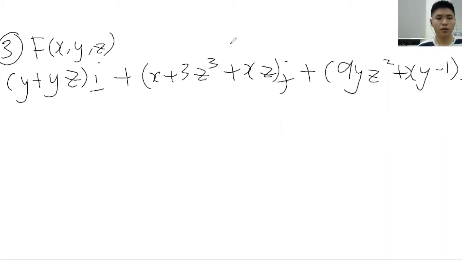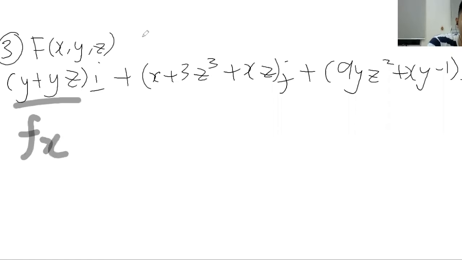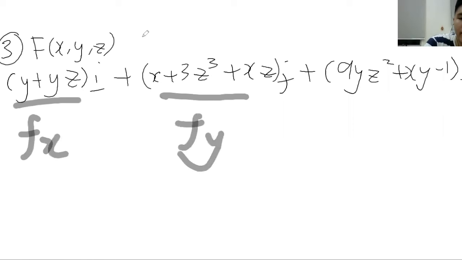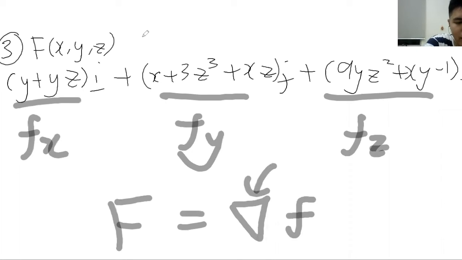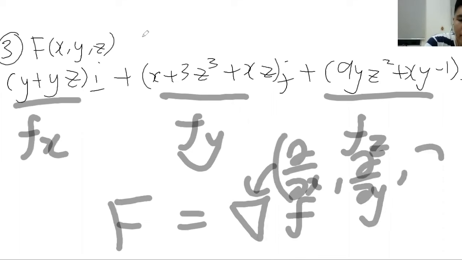So we do the same thing. This part is equal to fx, this part is equal to fy, and this part is equal to fz, because the vector field is equal to the gradient of f. And this inverted triangle actually means the partial of x, partial of y, partial of z.